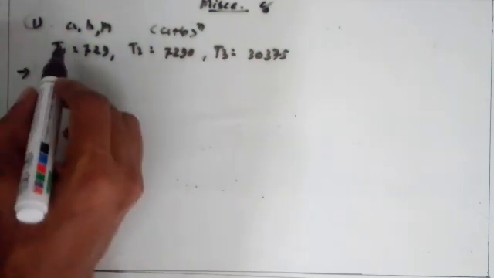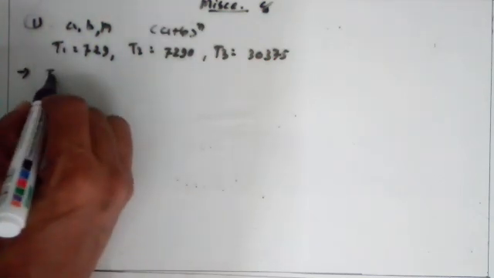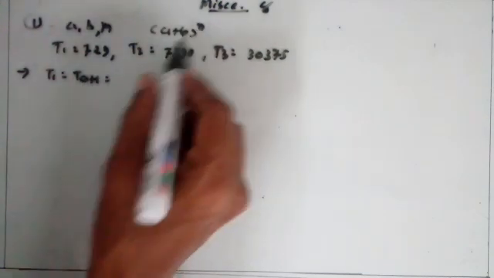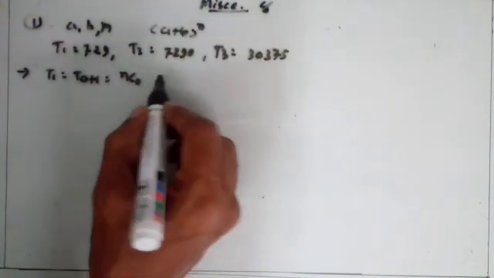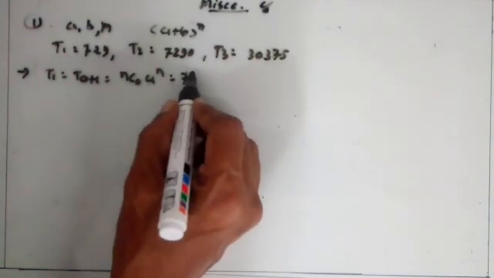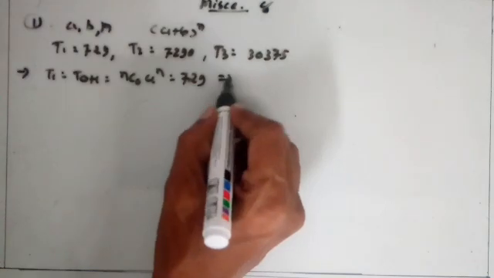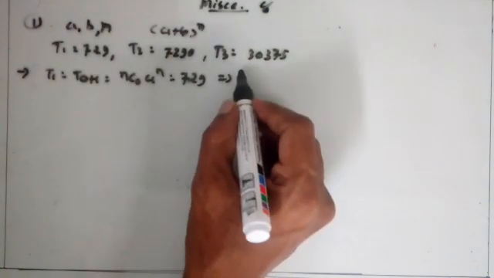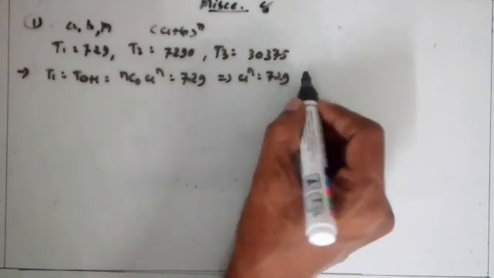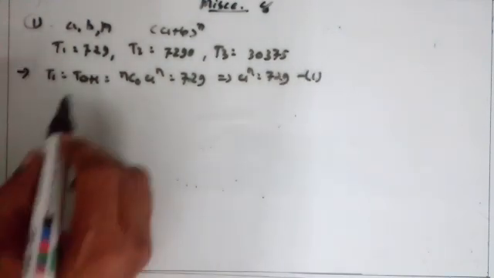Here T1, that is T0 plus 1, is equal to nC0 a raised to n, which is already given as 729. So this implies nC0 is equal to 1, so a raised to n is equal to 729. Clear? Take this as result number 1.